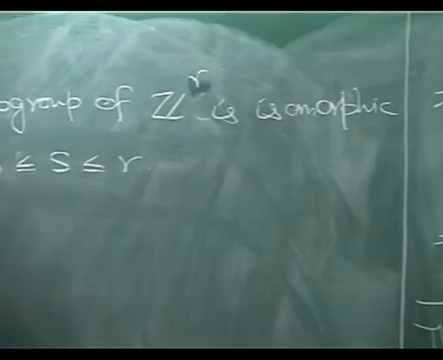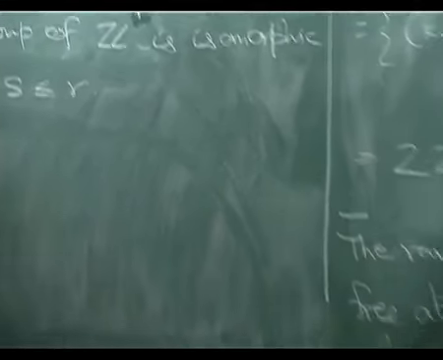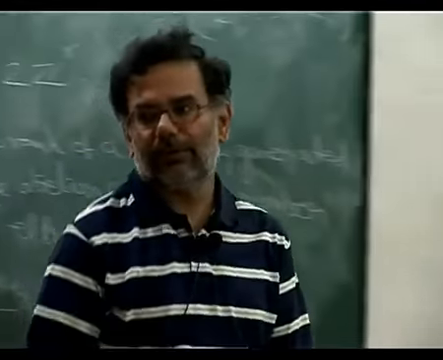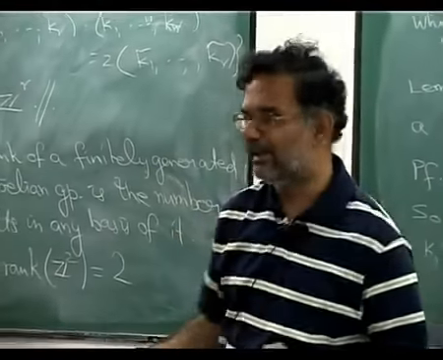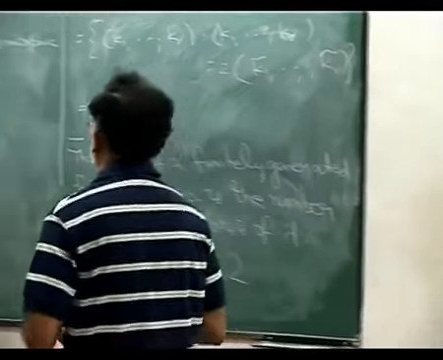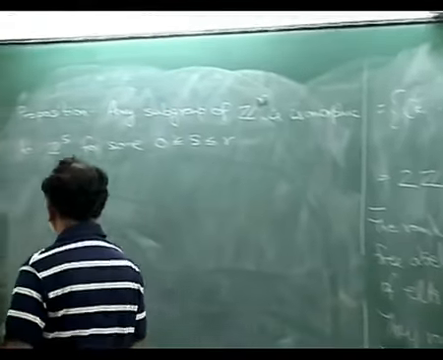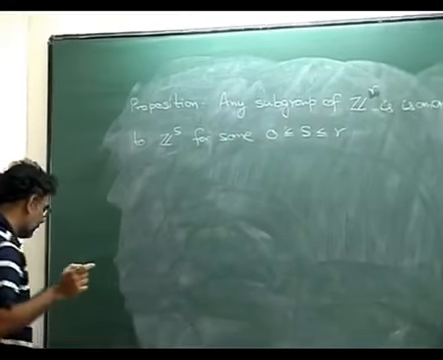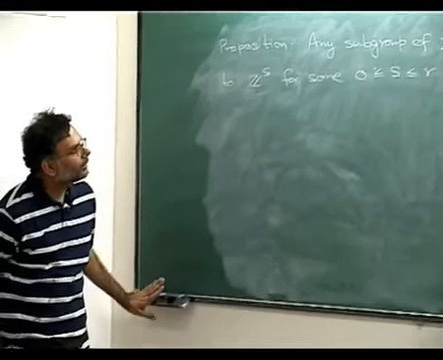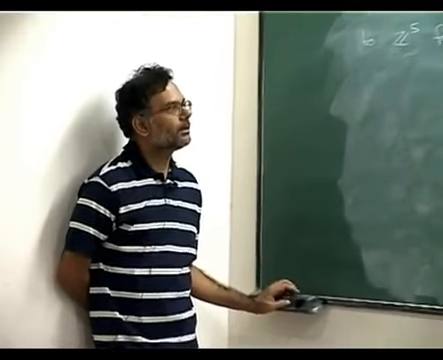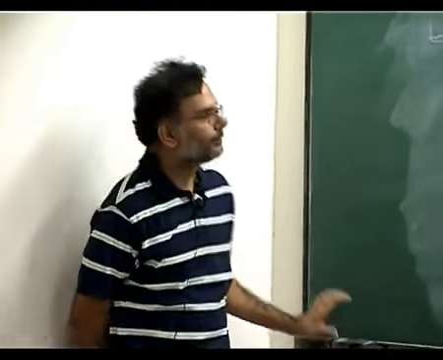Every subgroup of any Zr is always isomorphic to a Zs. I am not saying it is actually a Zs, it is isomorphic to Zs, right? This is not very trivial to prove. It needs something. This is a proof by induction on r.